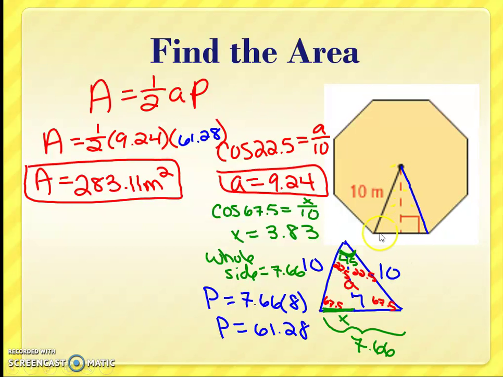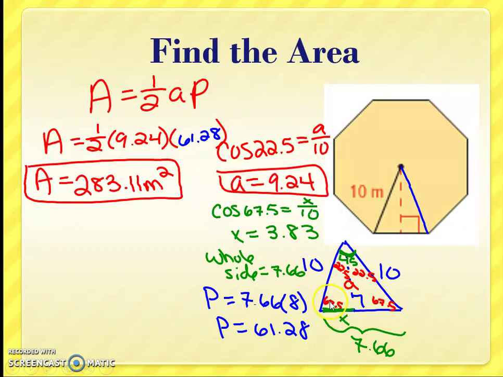So in order to find this side, I'm going to use cosine again. If this is 45, then I'm going to do 180 minus 45 and divide by 2. That gives me these two angles, which are 67.5, 67.5. Then I'm going to use cosine of 67.5 to find this right here.